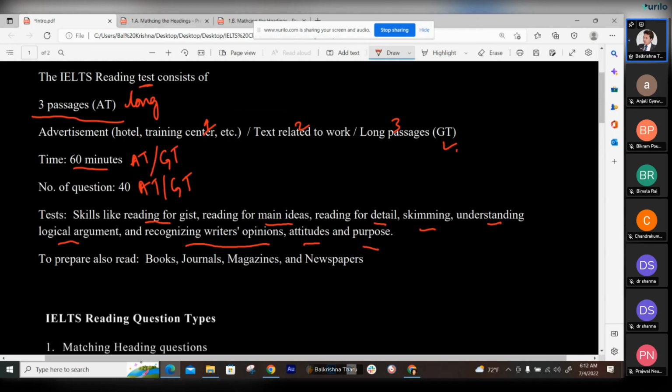This is what we need to be able to do in IELTS reading. And we're going to learn the strategy and skills required to do so. And to prepare, also read books, journals, magazines, newspapers. You got to read all these on a daily basis, and practice the strategy.